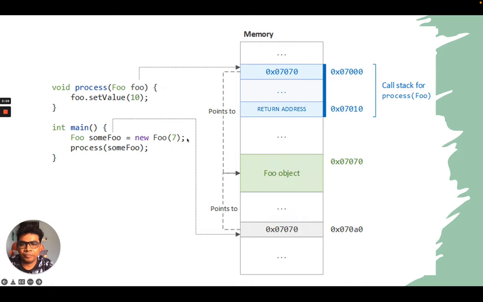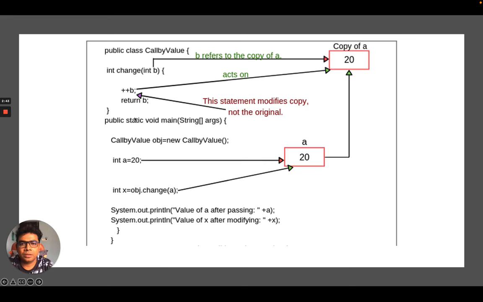Foo on the right hand side where I am pointing the mouse, and someFoo at the bottom, both point to the same memory location. So if any value is set or read, both will return the same value. That's how it works when we pass an object.